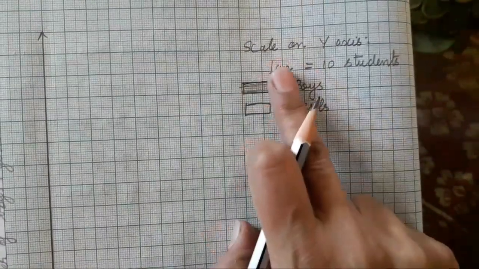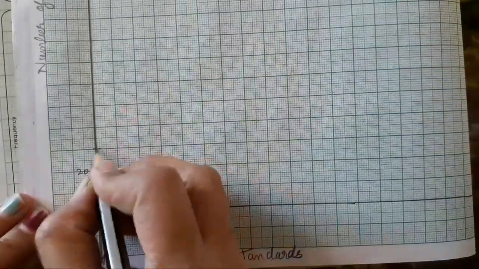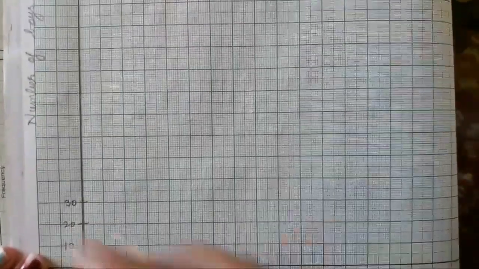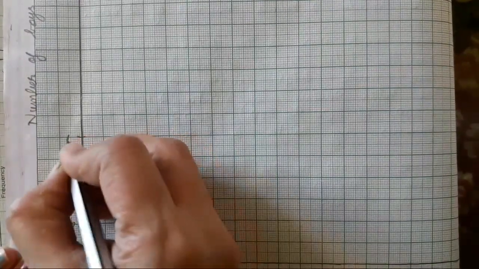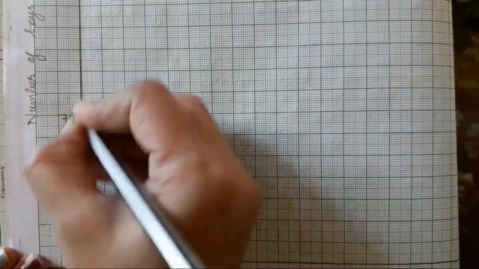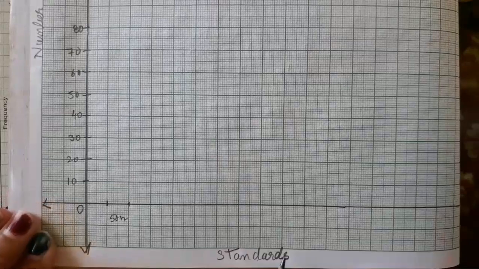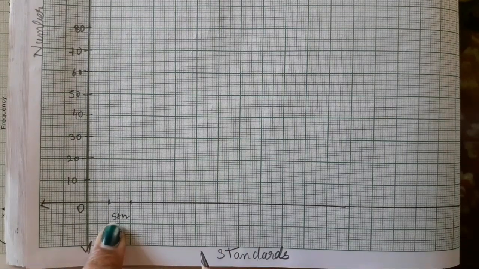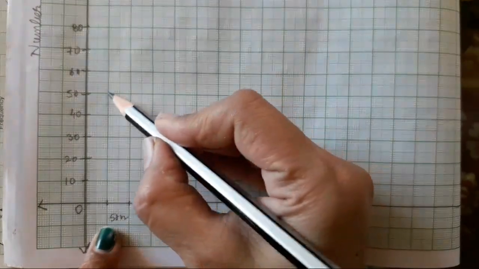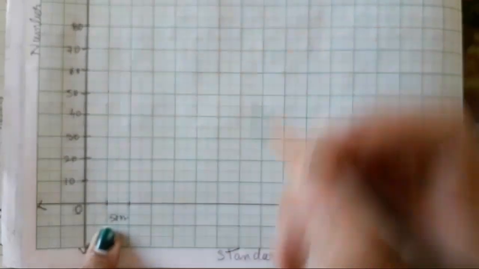As the scale was given in the question, we have taken 1 centimeter is equal to 10 students. So 10, 20, 30, 40. We have already done the total of 5th standard, which was 51. So 50 is over here, and 1 will come over here. I hope you all are able to see it.